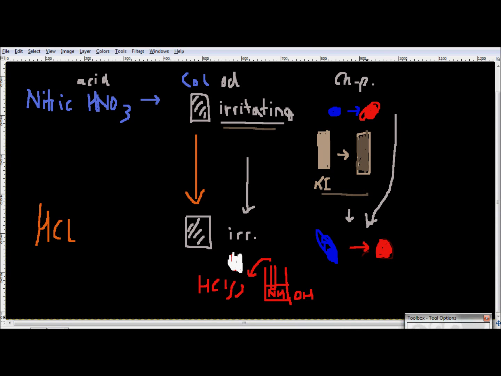The reaction, you can guess the reactants, HCl and NH4OH. What they form is ammonium chloride, which is NH4Cl. The other products don't matter really, this is the one you need to focus on.